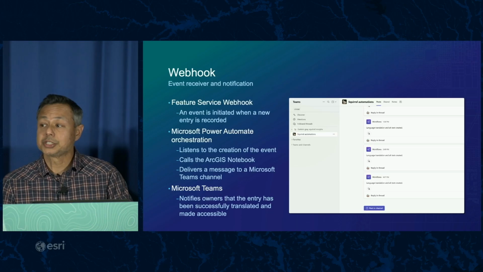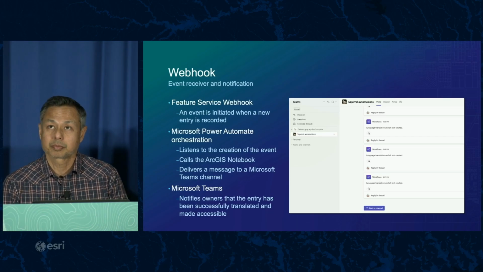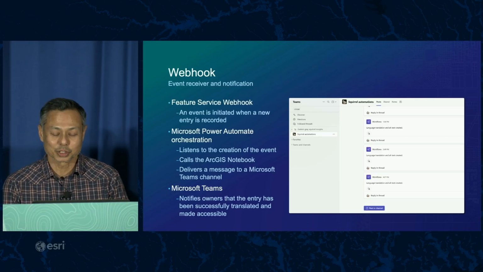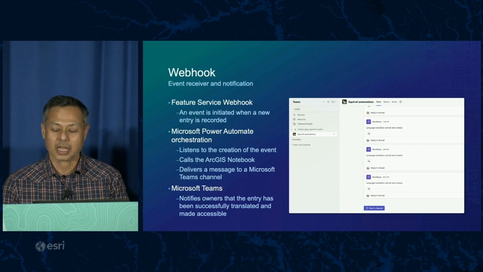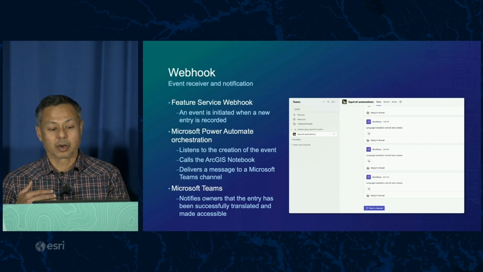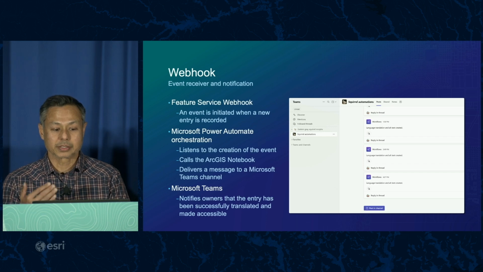Okay, so I mentioned in the solution architecture that we utilize the webhook of that hosted feature service that supports the Survey123 form. The reason why we are using that webhook is because it's an event that initiates the process.